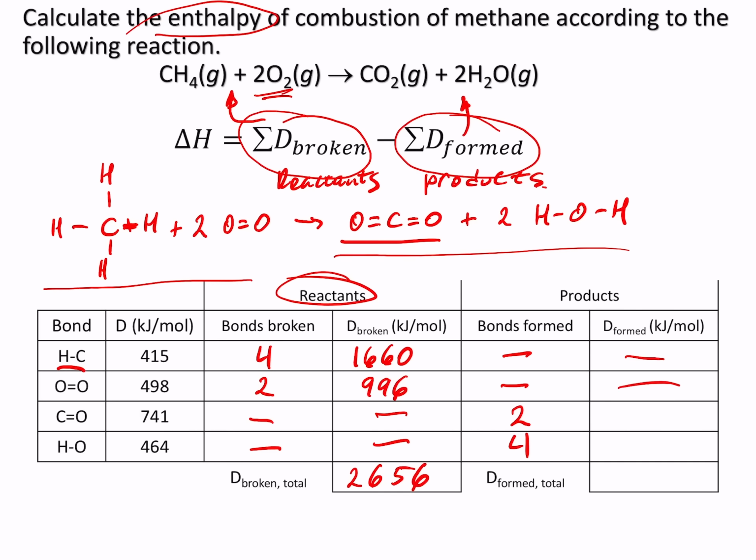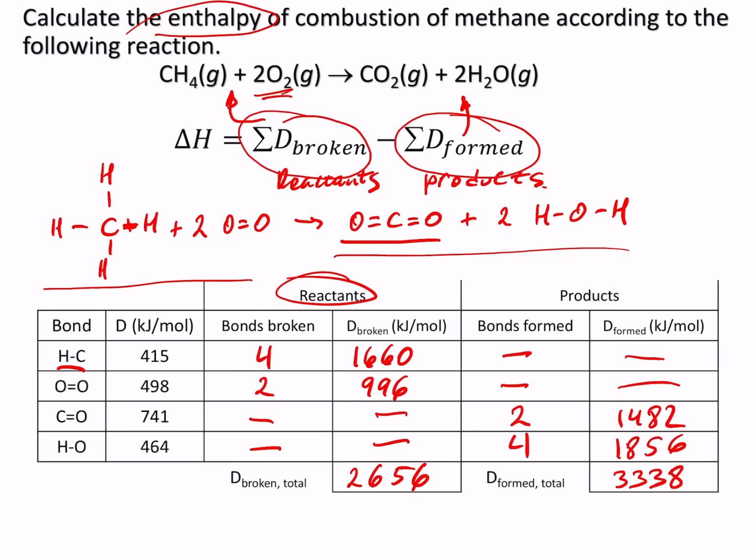Here the total energy associated with the CO2 is 2 times 741, so that's 1482, and for the oxygen-hydrogen bonds is 1856. You add this together, then it is 3338 kilojoules. Now this is the energy associated with each side of the reaction.